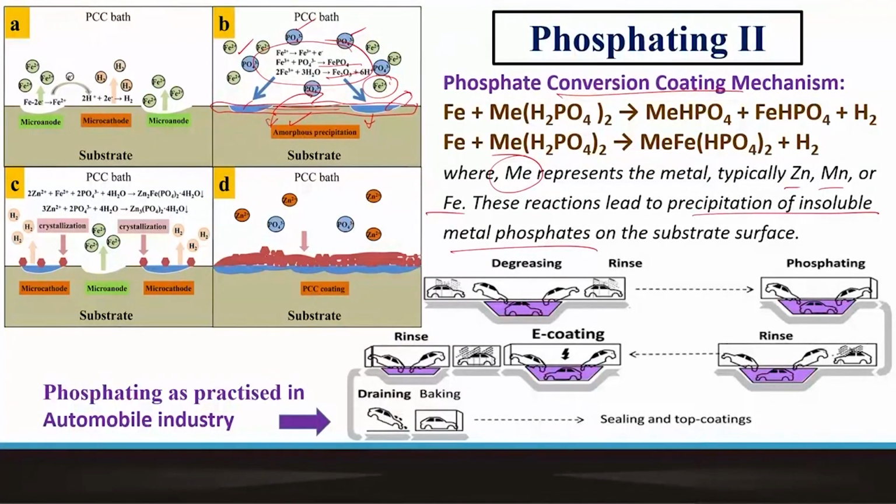When these kinds of compounds form onto the surface, they may be porous, but they are fairly adherent. But when we control them well, initially when the precipitation occurs, they nucleate in isolated regions, but eventually they join and cover up the entire surface.